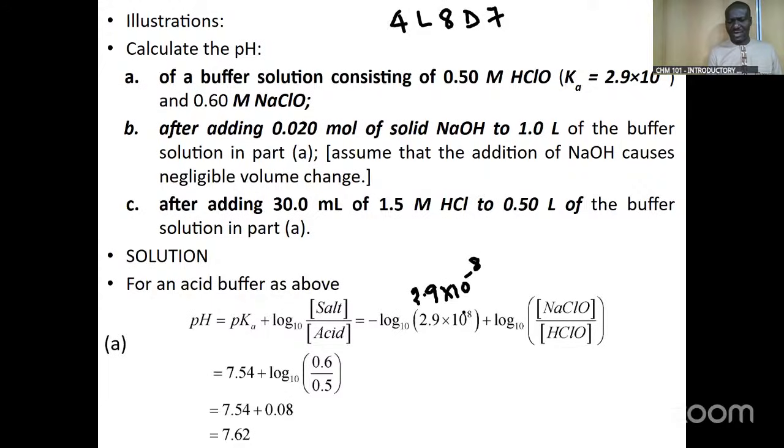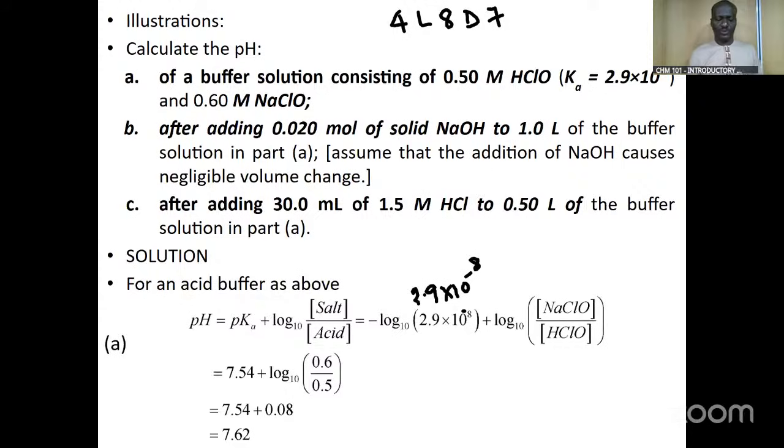That's a typographical error here. Okay, it's minus 8. All right, plus log to base 10 of NaClO, because that's the salt, over HClO, the acid. A careful slotting of the values will give you a pH of 7.62. If you carefully do that, you get a pH of 7.62.